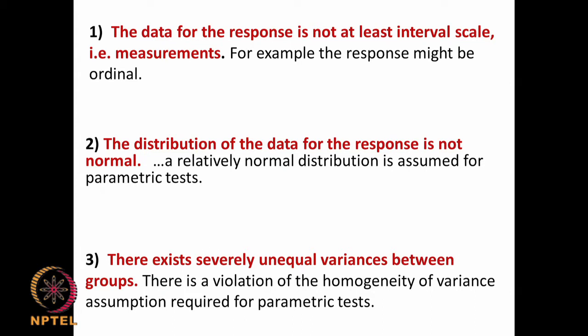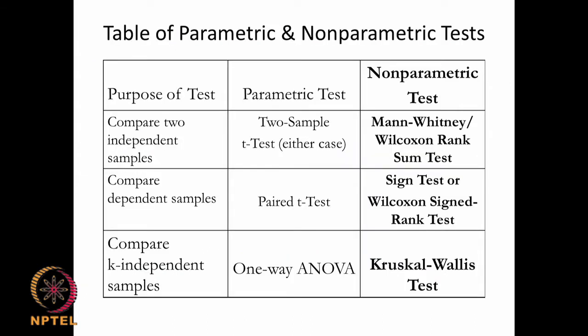We have spent a lot of time on these parametric tests like the f test, t test, chi-square test, z test and so on. We cannot use any one of these, and we need to resort to non-parametric tests. So what are those non-parametric tests? Equivalent to a 2 sample t test, if you are comparing 2 independent samples, there is something called the Mann-Whitney-Wilcoxon rank sum test.